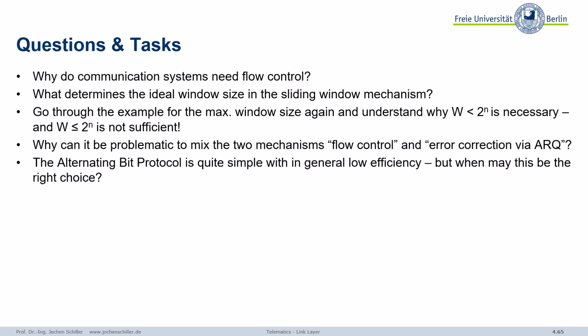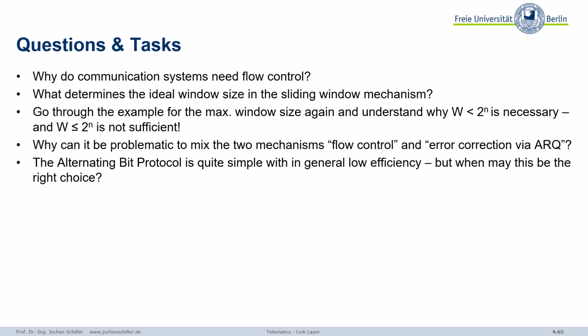Then I briefly touched this mixing the two mechanisms, flow control and error correction. Why could this be a problem? So flow control, controlling the flow of data within the window, and the other one is error correction. So what could be a problem? Think of the motivation for flow control and the sources of errors or missing acknowledgement or not acknowledging data.